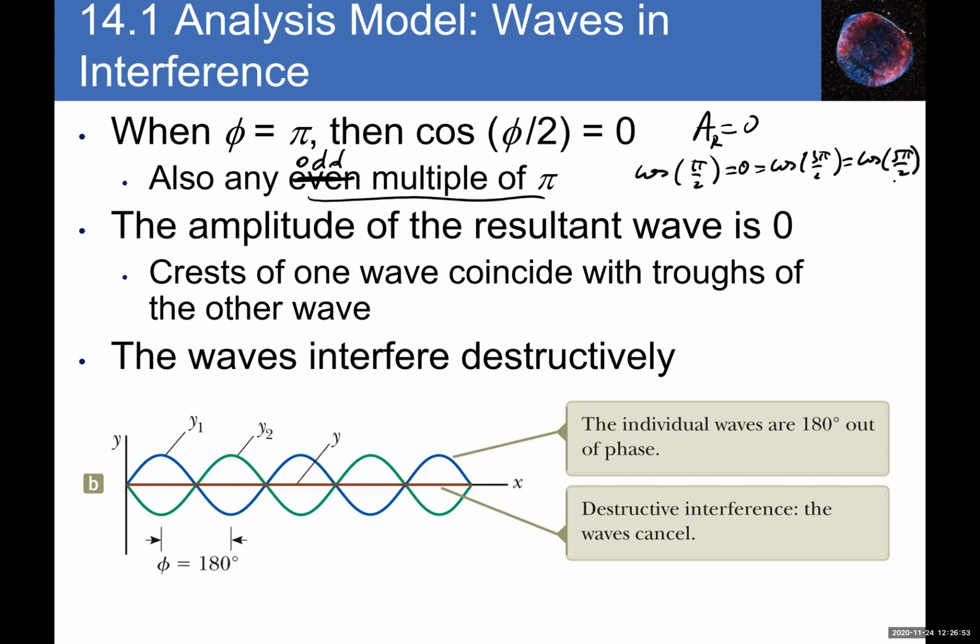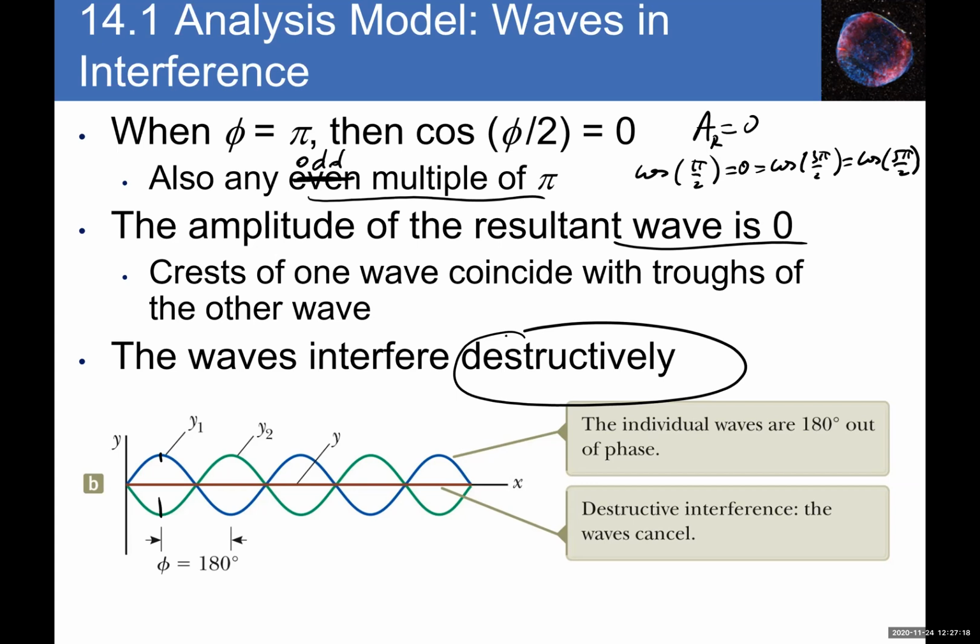So the amplitude is 0, and the crest of one wave coincides with the trough of the other one. So they are out of sync, out of phase, and you get destructive interference, or they interfere destructively.